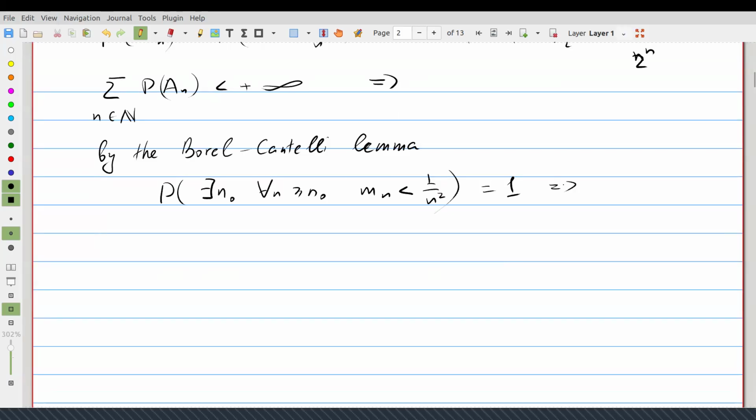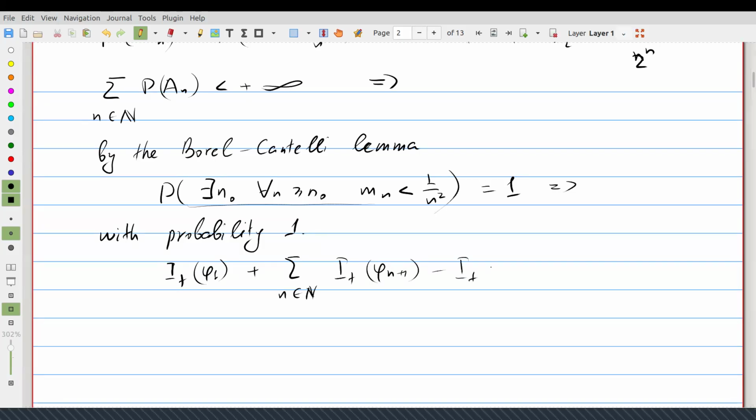Which means that with probability 1, this event has probability 1, such a series is converging uniformly on [0, T].